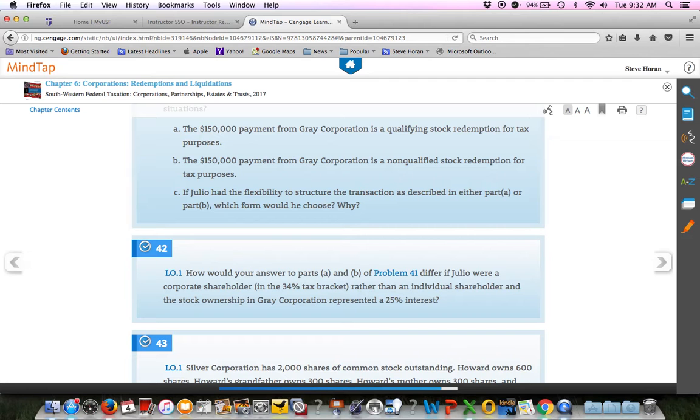And because 25% is our magic number, the dividend received deduction is 80%. So 80% of 150 is our deduction of 120. And so 150 minus 120 is a $30 dividend multiplied by 34%, which is $10,200.